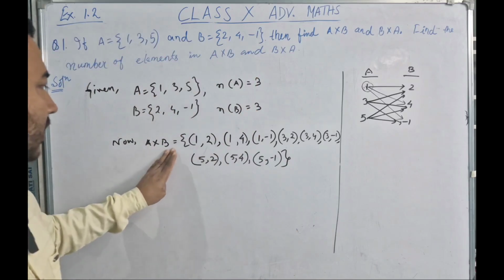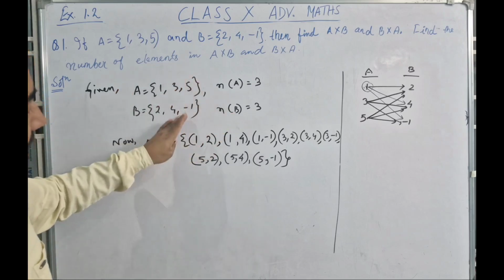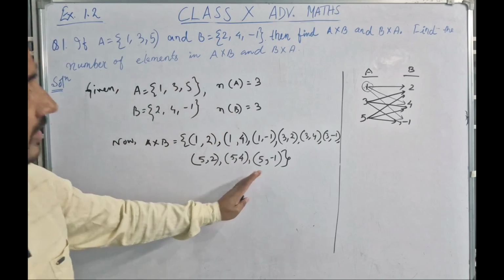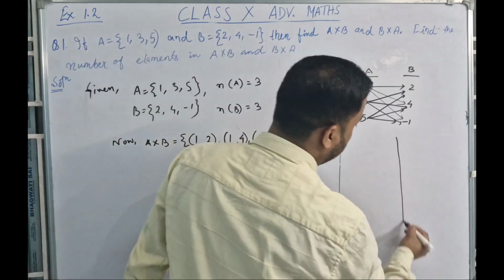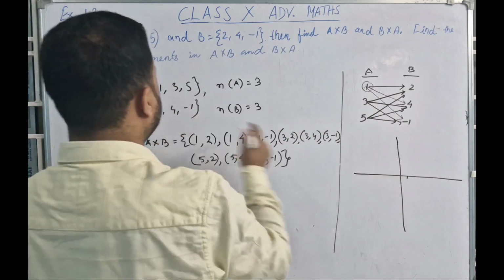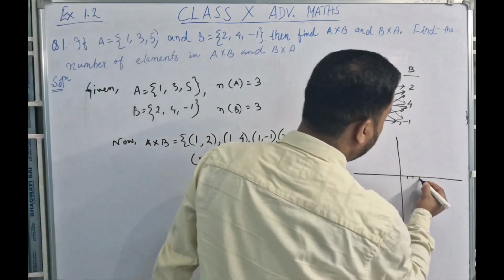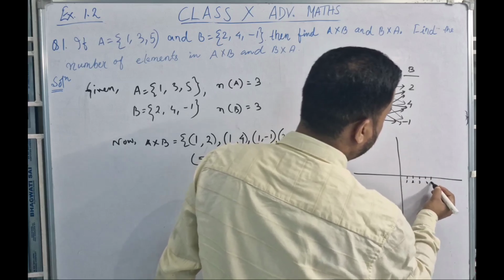This is the Cartesian product of the two sets, A cross B, and since all the elements are numbers, we can represent this in the graph also. If we are asked to find a graph, then it will look like this. What is the highest number? 1 to 5: 1, 2, 3, 4, 5.